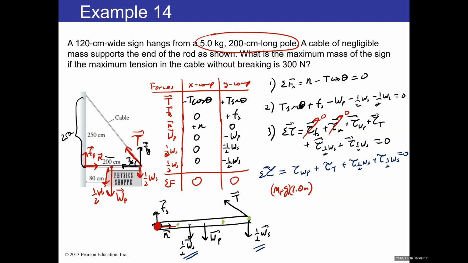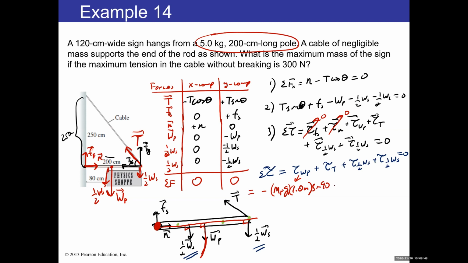The weight of the pole and the half weights of the sign are all perpendicular to the radial line, so the sine of the angle is sine of 90 degrees, which is 1. The weight of the pole gives me a clockwise rotation, so this one is negative.